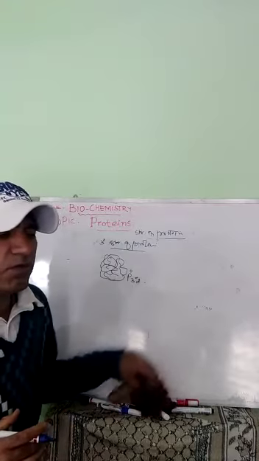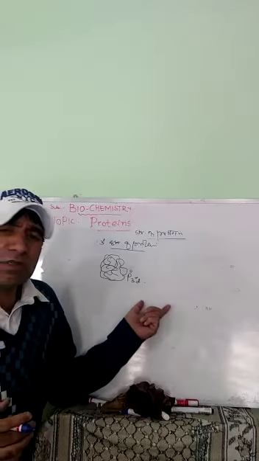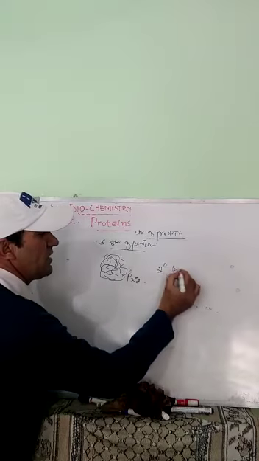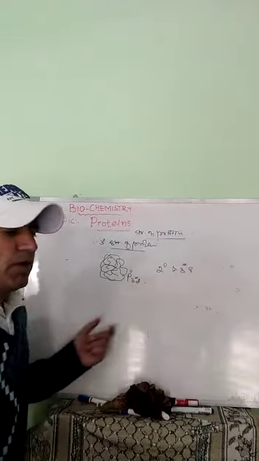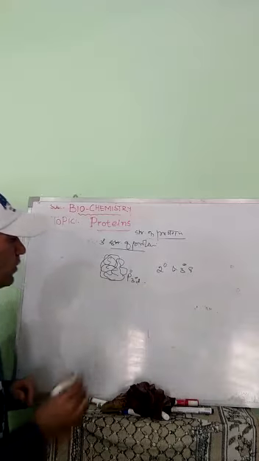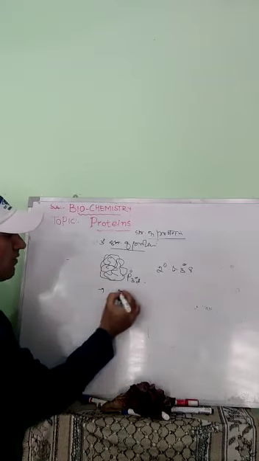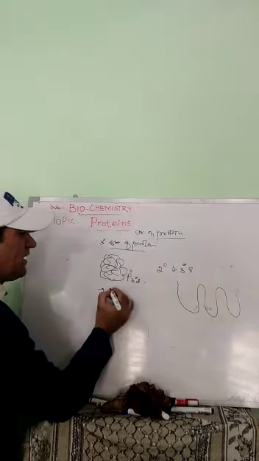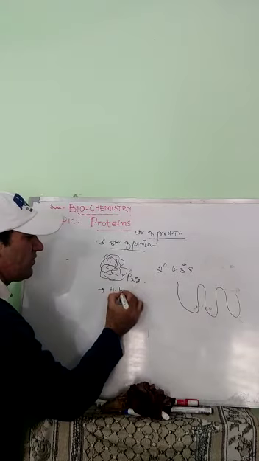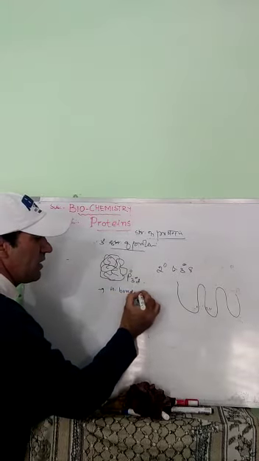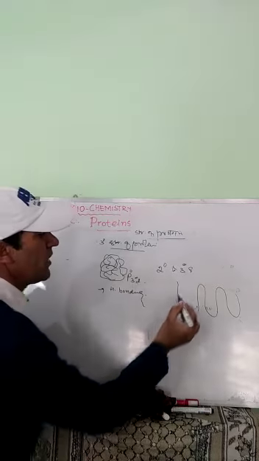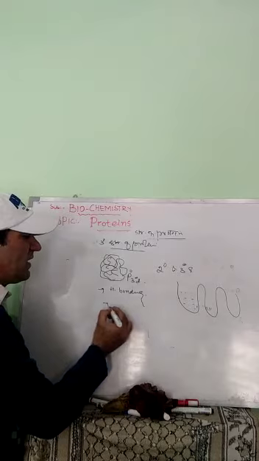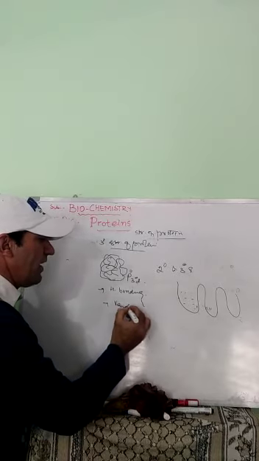Students, what are the forces of attraction which are responsible for the secondary and tertiary folding of proteins? First of all, one is clear: there is hydrogen bonding. Second is the van der Waals force.